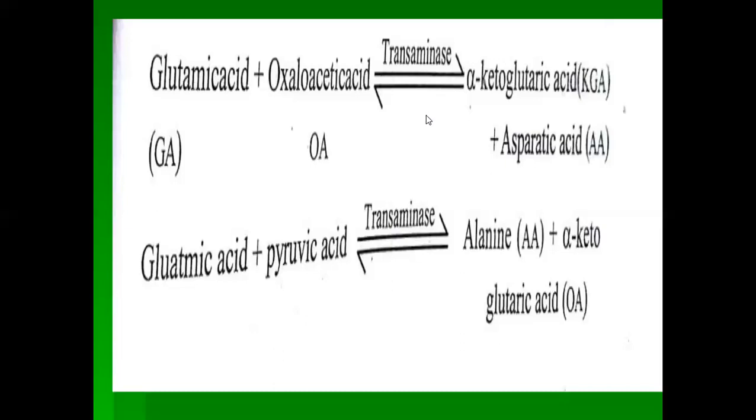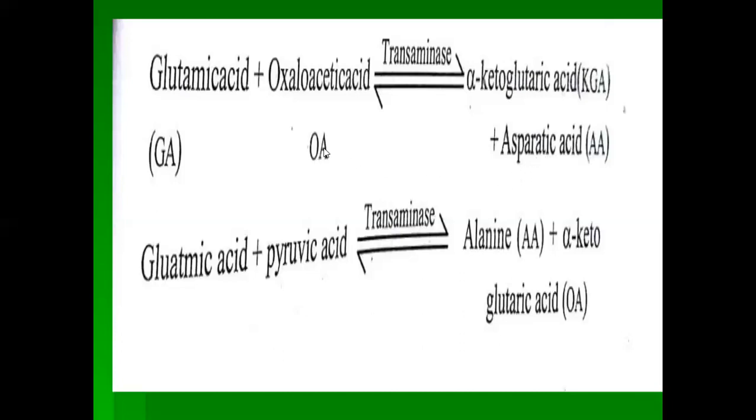Transfer of the amino group of an amino acid to alpha keto acids results in the formation of a new amino acid, called transamination.